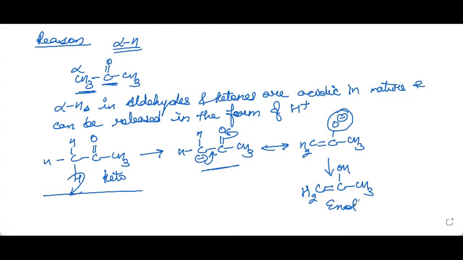Now the question for you is to tell whether the following molecules that I'm writing here will show keto-enol tautomerism or not. CH3 C double bond OH. In the case of aldehydes also, we call it keto-enol tautomerism only. It is not aldo-enol or something, although they have an aldehyde group. So this is one molecule.